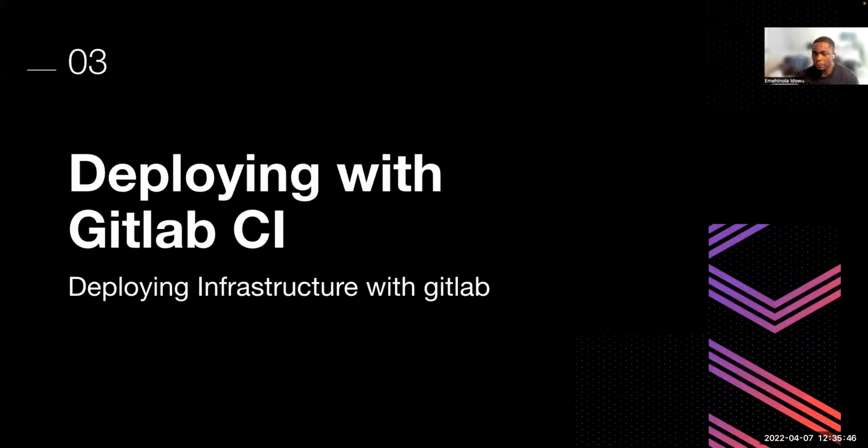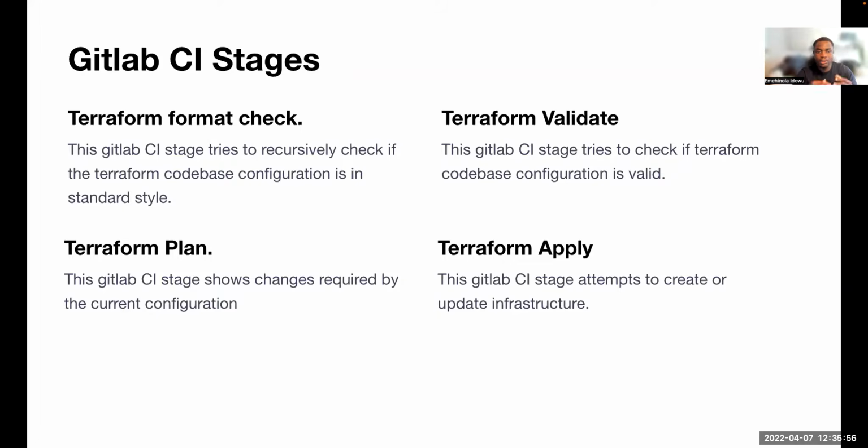Talking about GitLab CI, we will be focusing on just 4 stages in our GitLab pipeline. The first is the format check. First of all, we want to check: is this Terraform code base in a standardized style as far as Terraform is concerned?